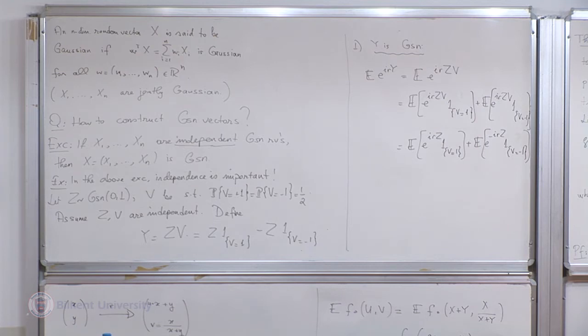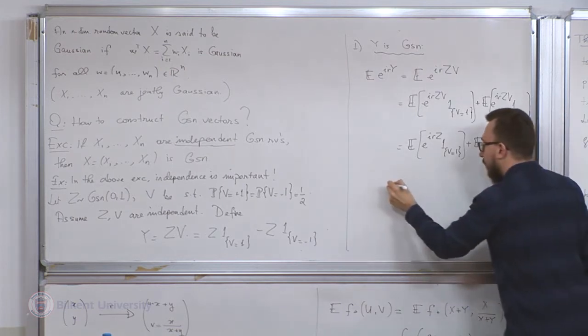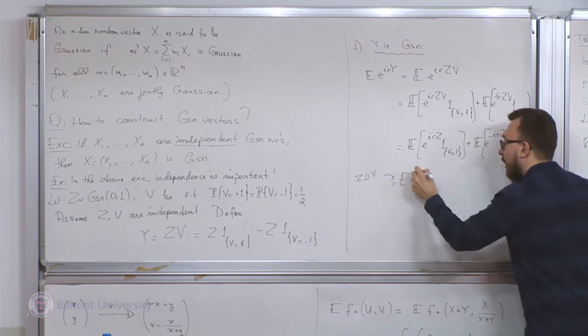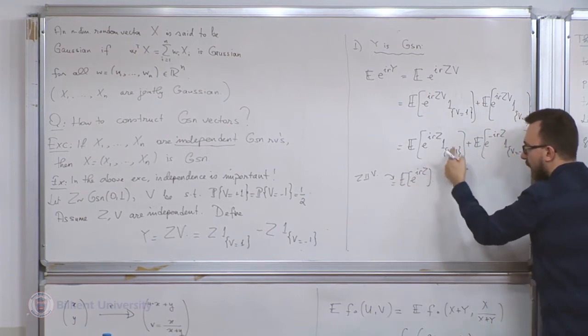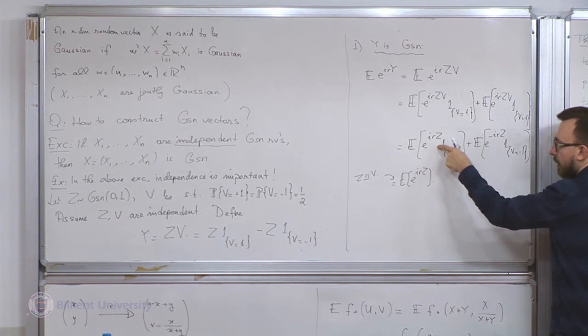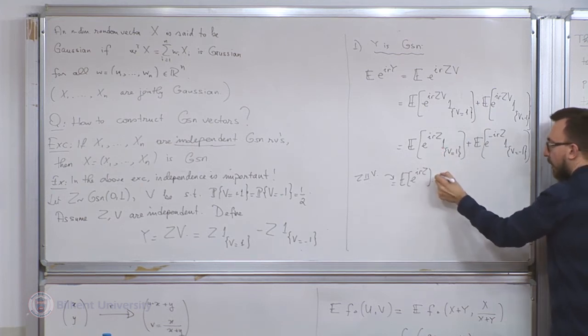What do we know about Z and V? Independent. So since Z and V are independent, we can multiply. So what is the expected value of this indicator? Probability that V equals 1, right?